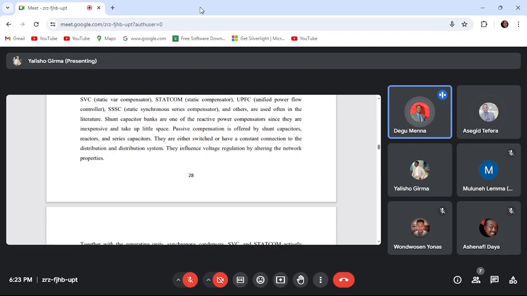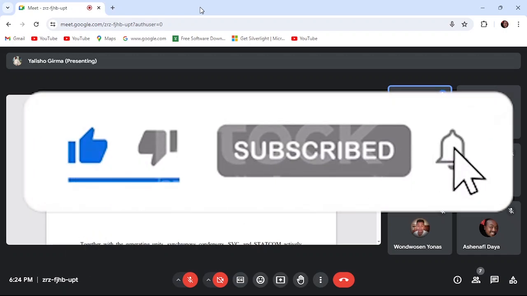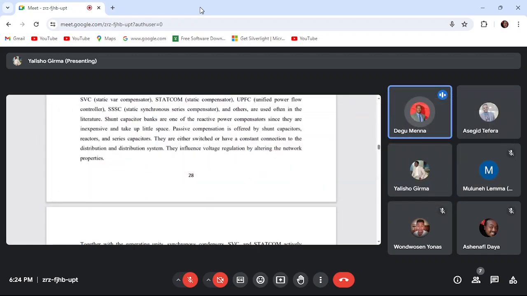That's my concern. Also, you have to try to shorten it, since each individually can be a thesis. In my opinion, voltage profile improvement is done rather by a dynamic voltage restorer. DVR is the most appropriate to regulate or improve the voltage profile. So if you have any reflection regarding using FC to address all these things together, this is my one concern.